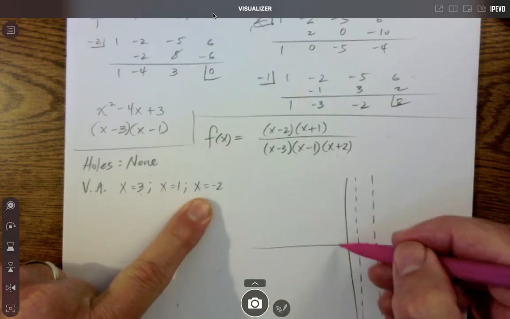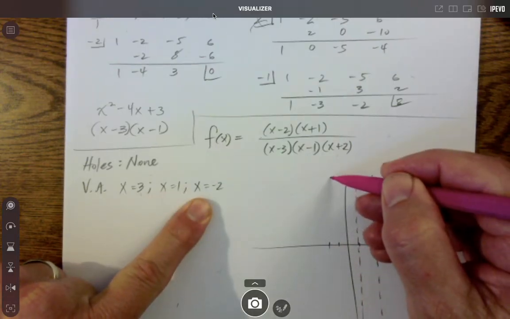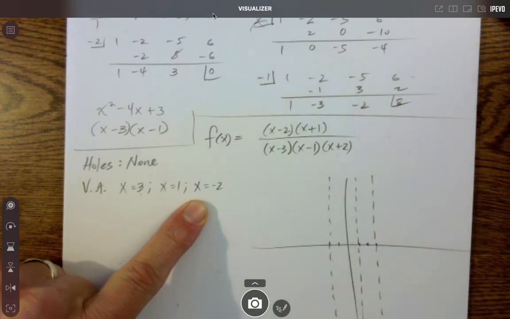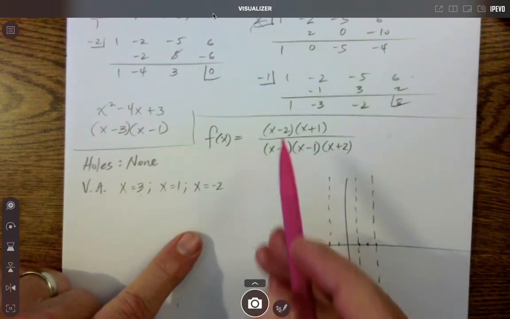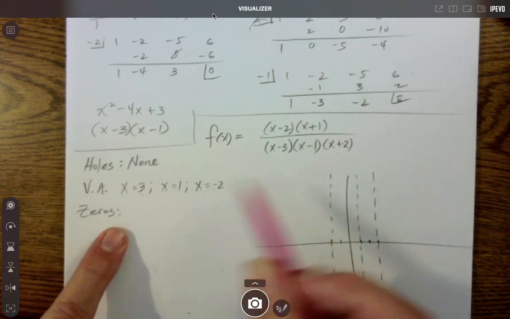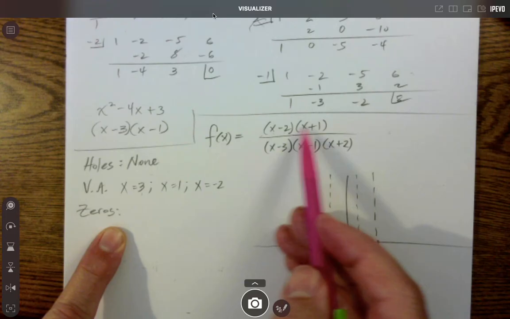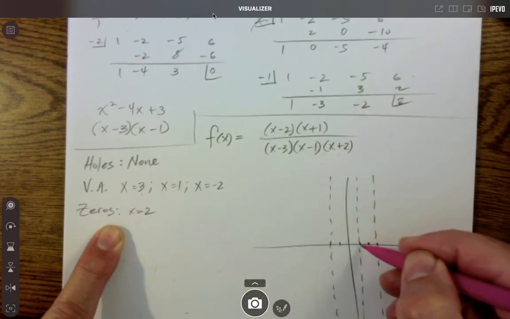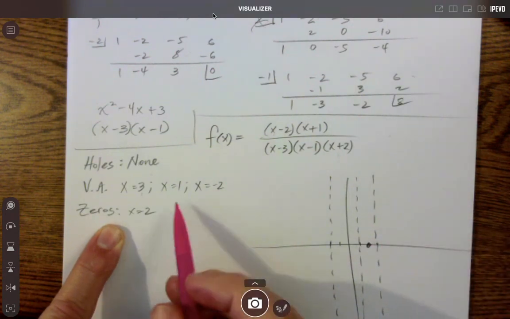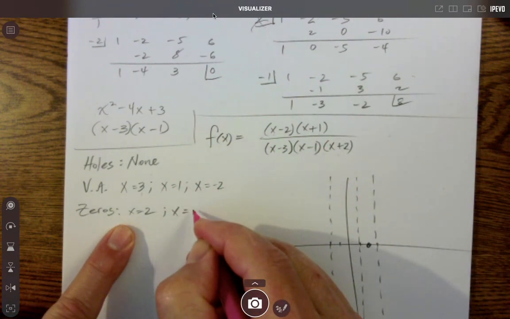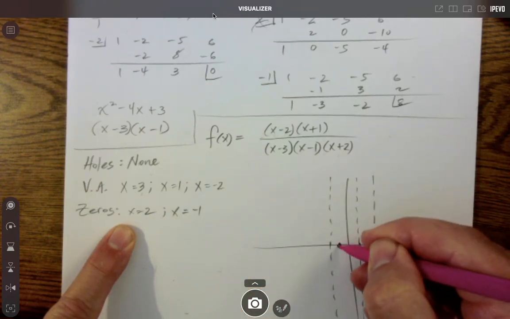And at -2, there's another vertical asymptote. There are also zeros. 2 will make the top 0, so x equals 2 is a 0. And at -1, right there is a 0.